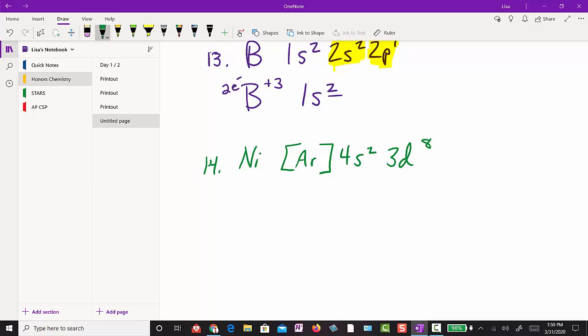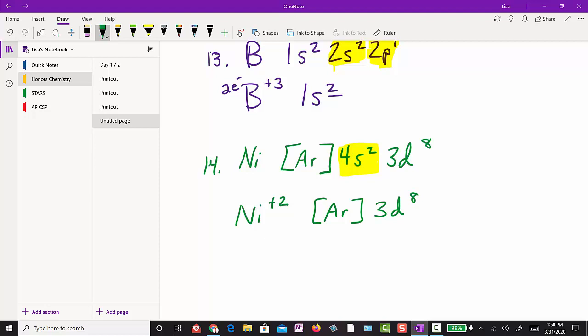Okay, and the problem wants nickel +2, and nickel +2 has 2 valence electrons, those 2 right there. The 4th energy level is the highest, and it only has s's, so it's got 2 valence electrons. So this would just be argon 3d8.